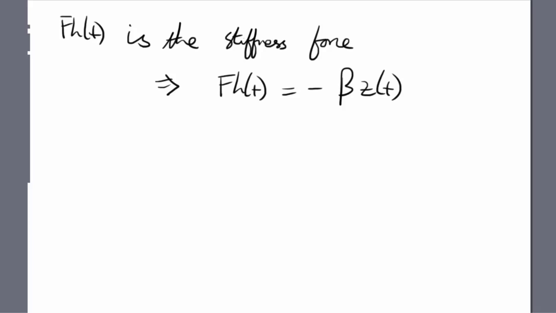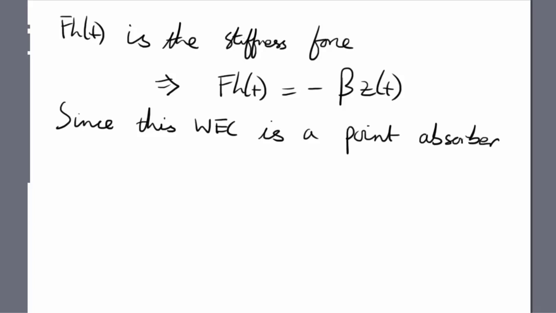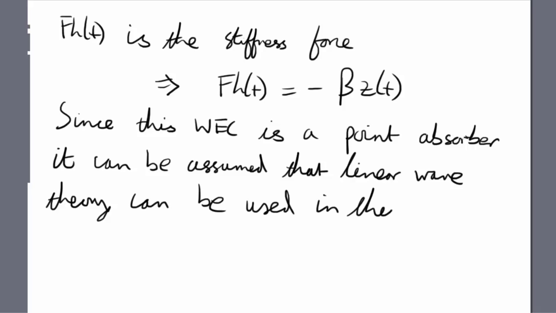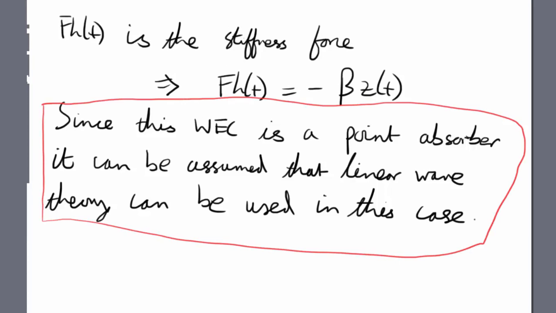Since the system is a point absorber, I can base the theory on linear wave theory, hence making this system a linear system. Other systems would have nonlinear factors such as z squared, but in this case it's a linear system, so I can assume it's going to be just z times a gain factor. And this is fairly important for this theory.